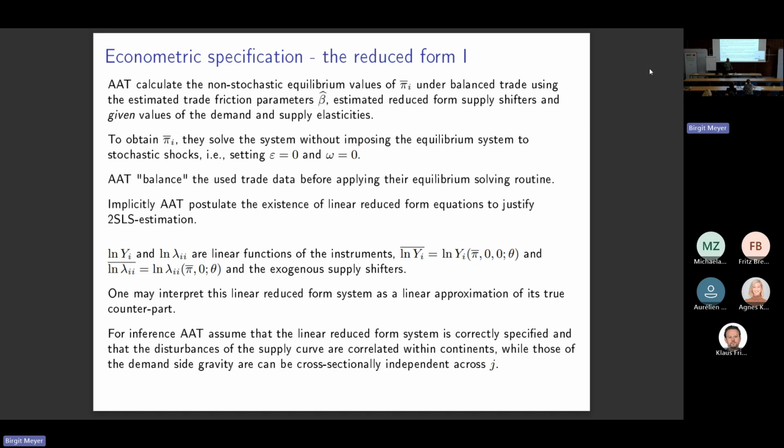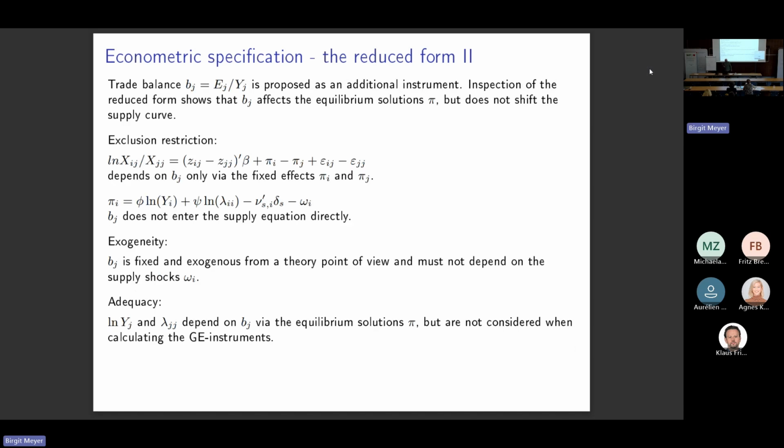This we will talk about as well. So the omegas, the supply shocks, might be correlated in their case because they cluster by 6 continents.